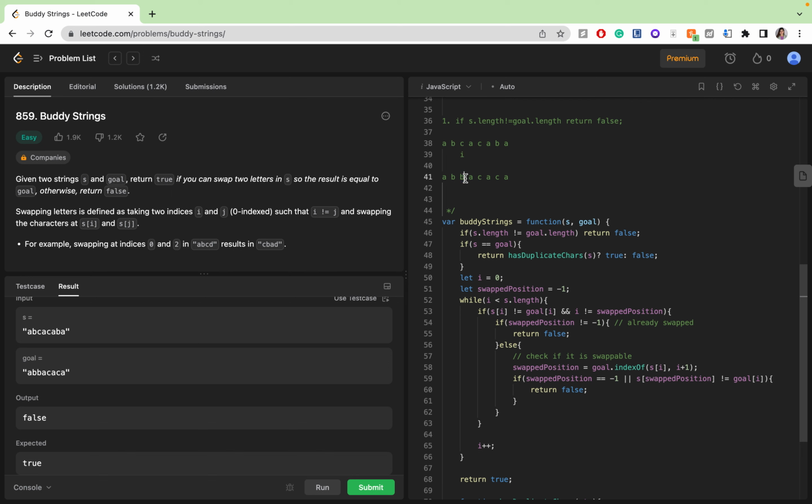So suppose if I swap with this B, this will be B and this will be C, then it will be, this is B. Output is false.